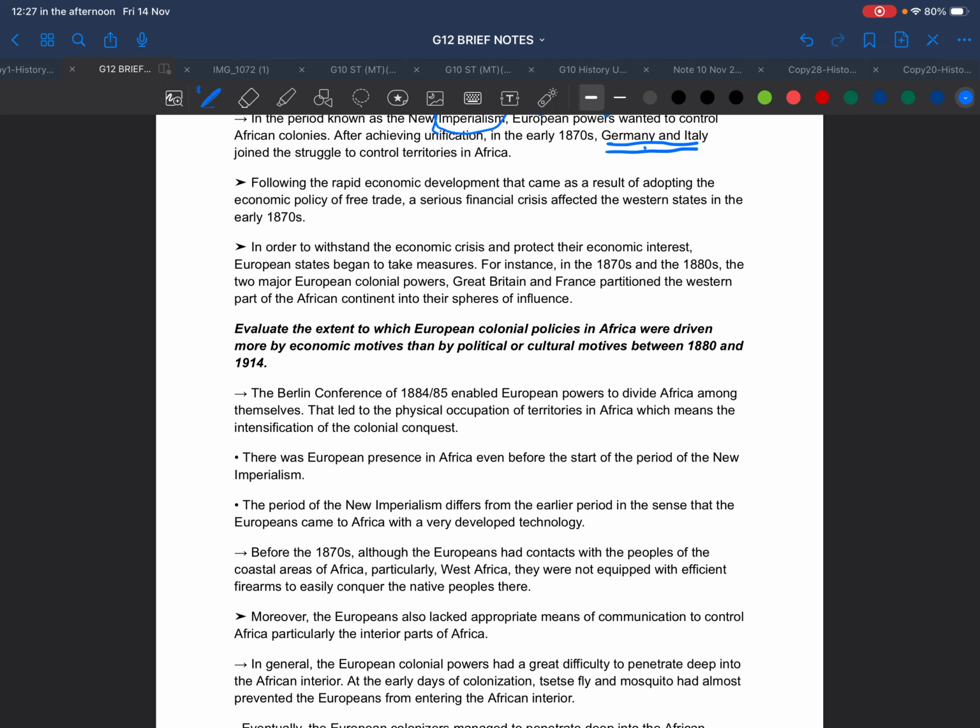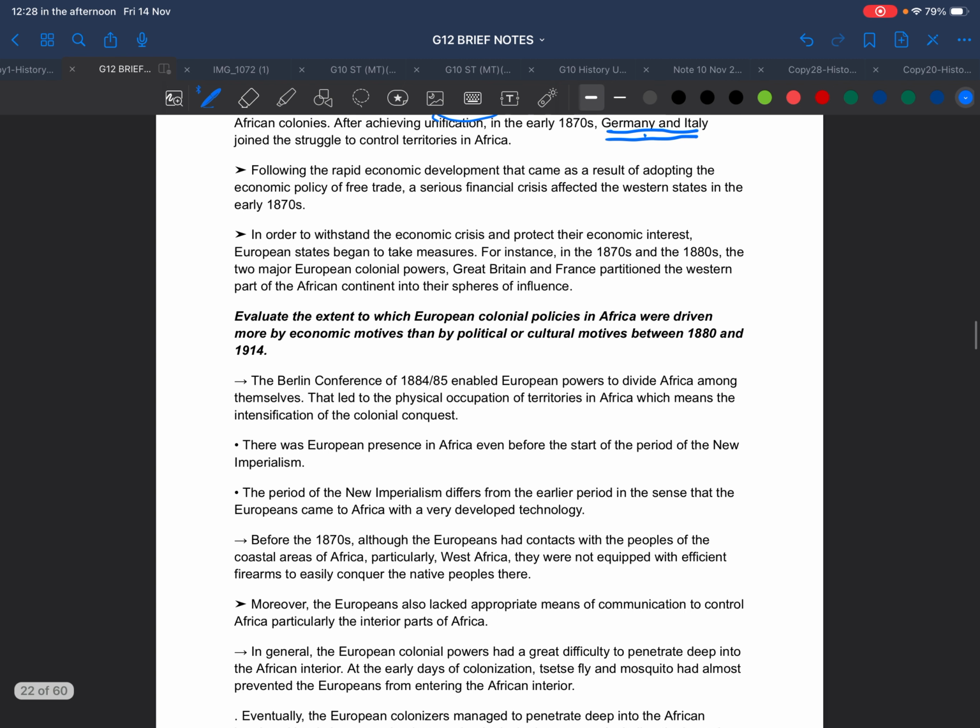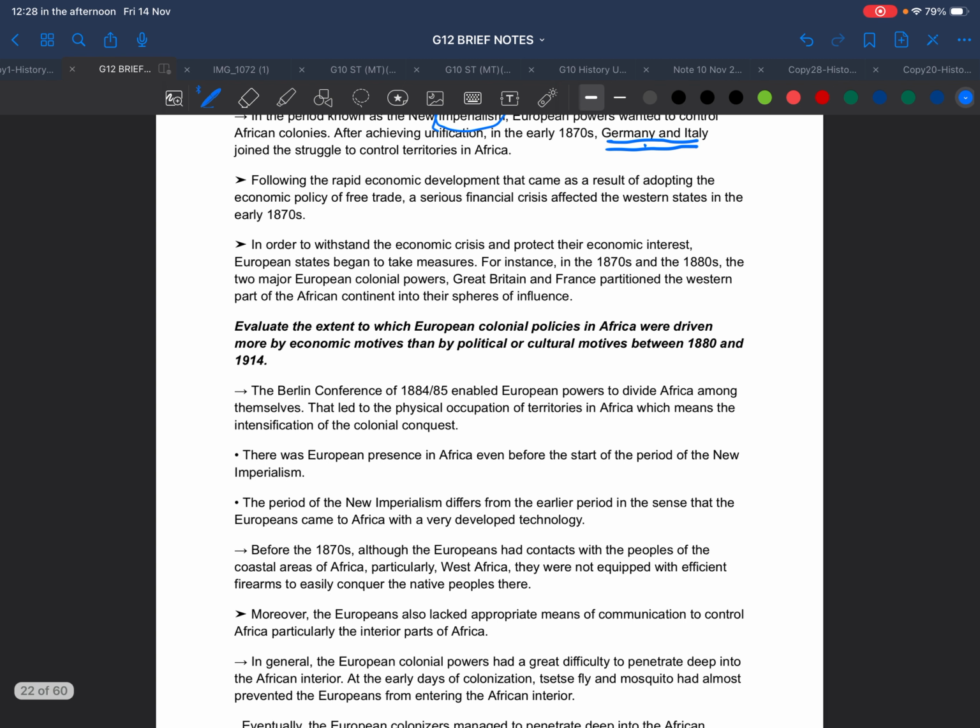Italy, as in the case of Libya in the northern parts of Africa, also strived to get colonies in Ethiopia and the Horn of Africa. You know the case of their confrontation with Menelik at the Battle of Adwa. So they newly emerged as colonial powers, joining the struggle to control territories in Africa.